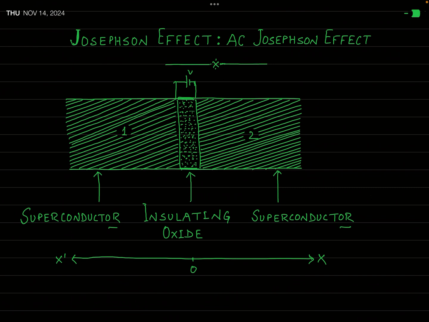That is, an AC current flows. Source is DC, but the supercurrent constituted by the Cooper pair in this case will be AC. Actually, this phenomenon is known as AC Josephson effect.